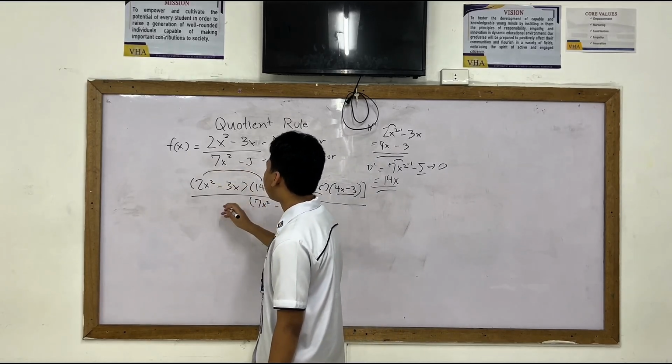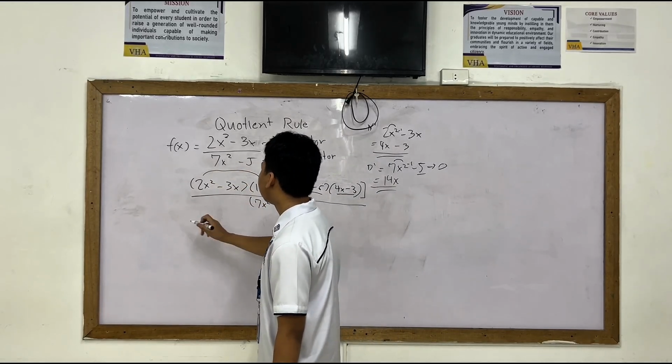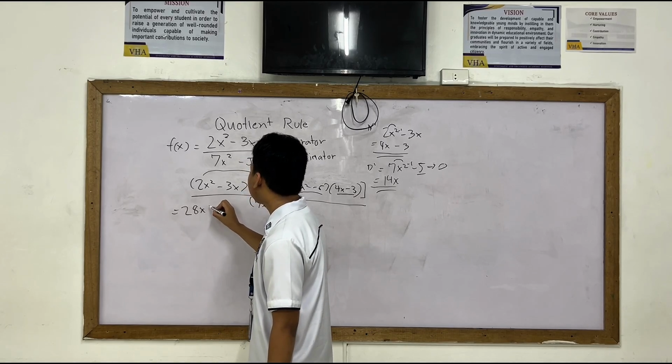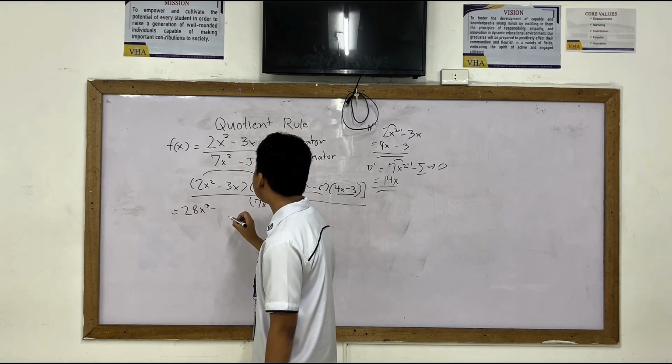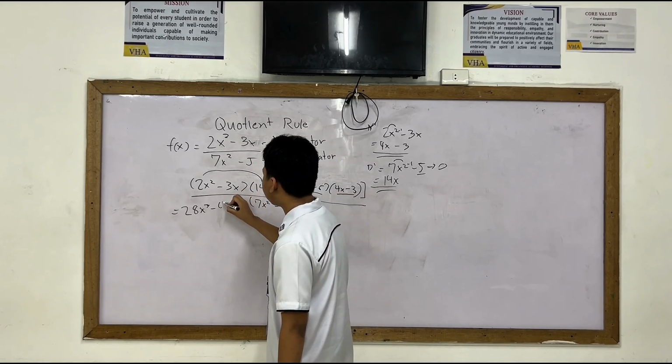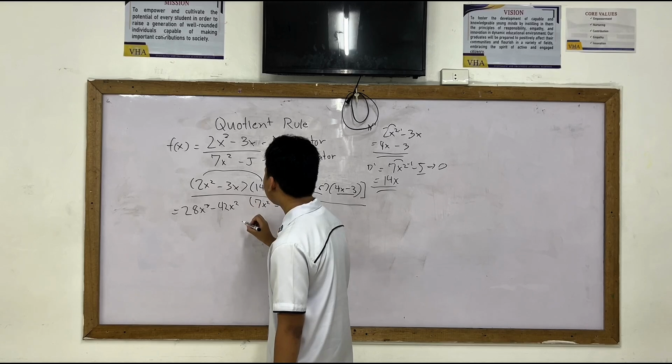14x multiplied by 2x² will be 28x³ minus 14x minus 3x will be 42x.